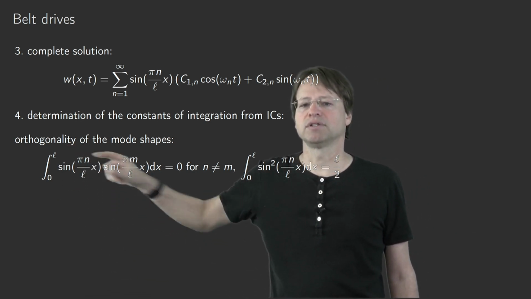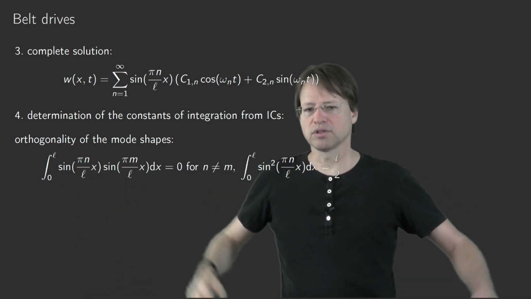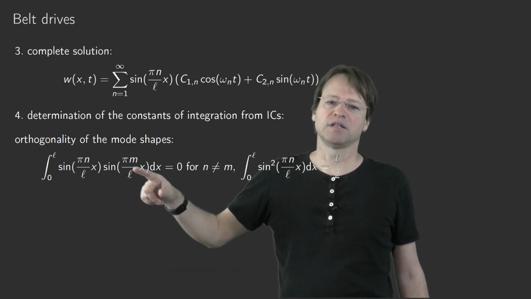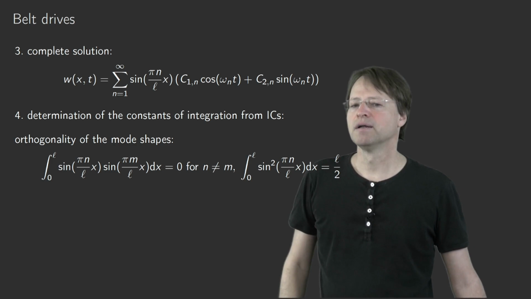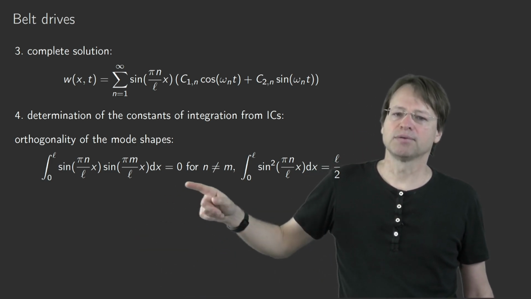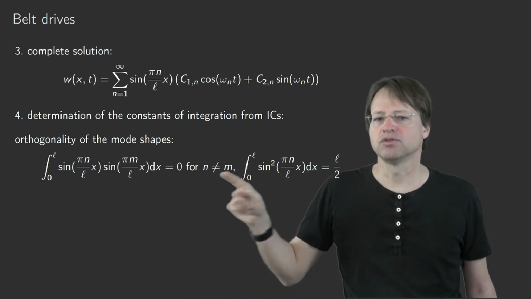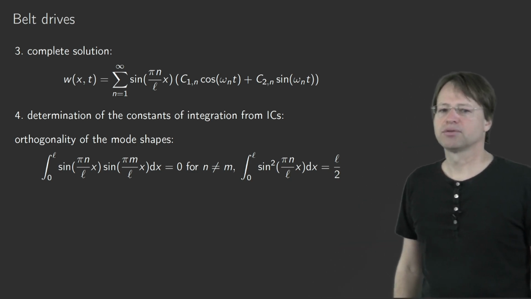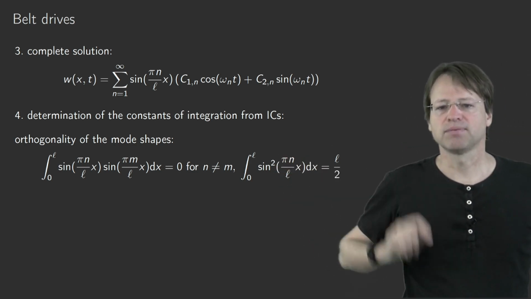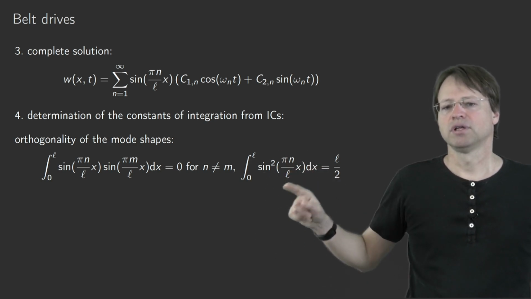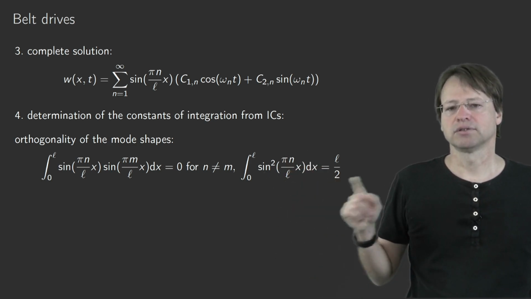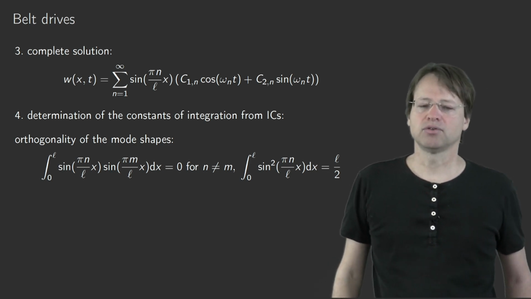So you integrate between 0 and L, functions that are continuous on 0 and L. And if you then multiply these two sine functions, then they are orthogonal in the sense that their integral is equal to 0, if n is not equal to m. If n is equal to m, you obtain the sine squared of pi n divided by L times x, and you can solve that integral to yield L divided by 2.